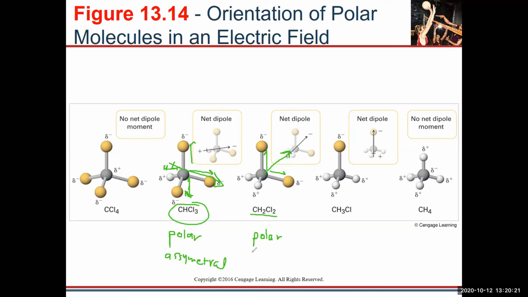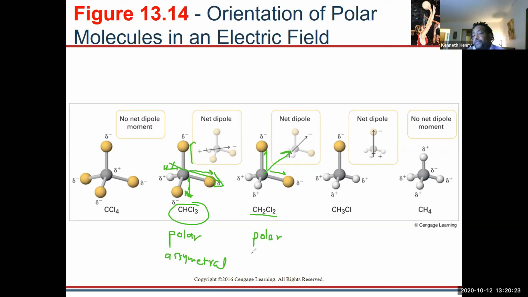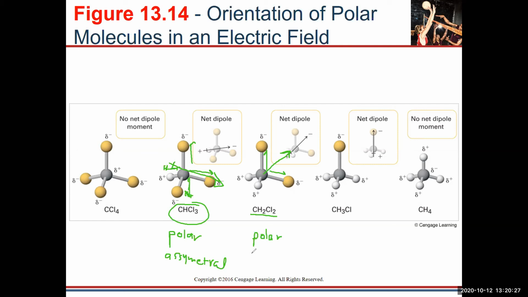And is it symmetrical or asymmetrical? Asymmetrical. That's right, because it's not the same on both sides.